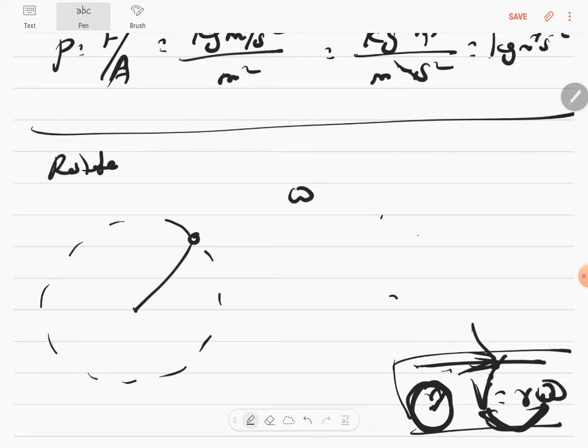So that apart, this angular velocity is angular displacement by time. It's not the regular linear displacement, it's angular displacement, which is theta. So omega is equal to theta by t. The angular velocity, you should know, is angular displacement by time, which is theta by t.